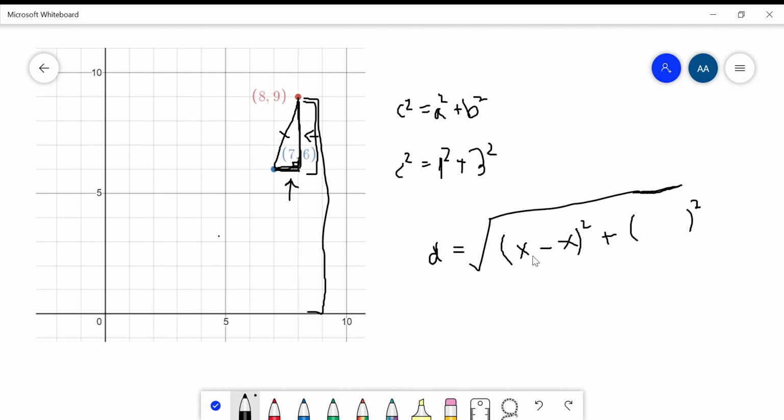To differentiate them, because they're different points, we sometimes put these things called subscripts, and we might say x1 minus x2, y1 minus y2.